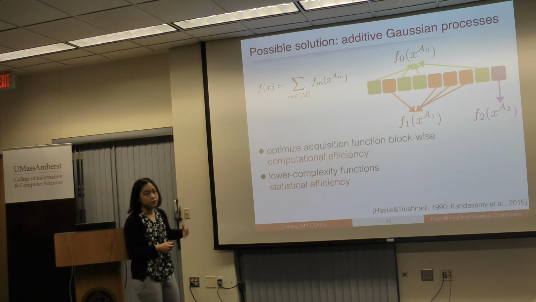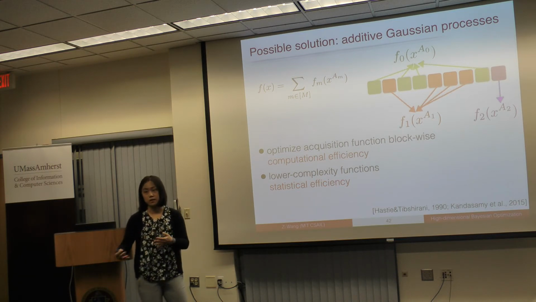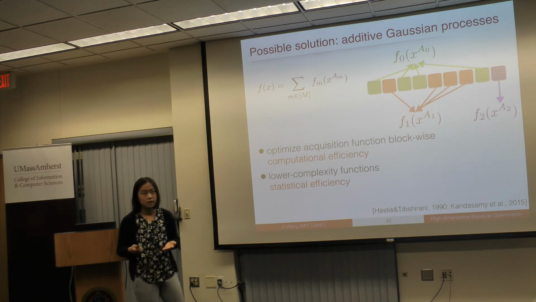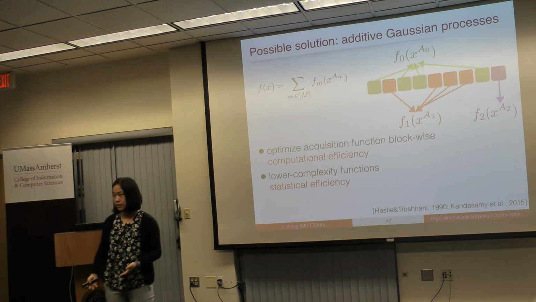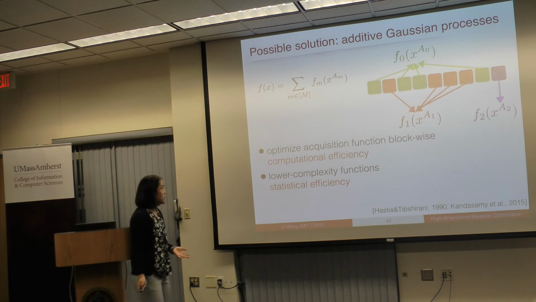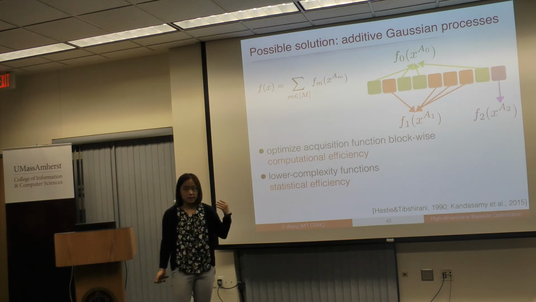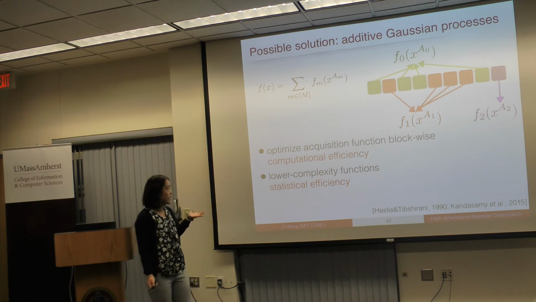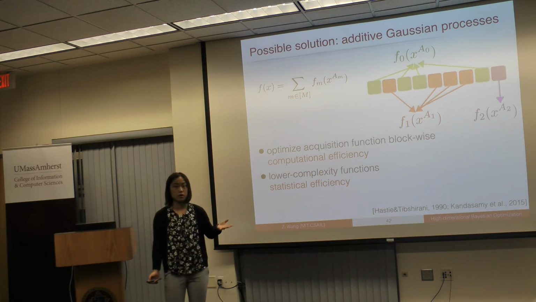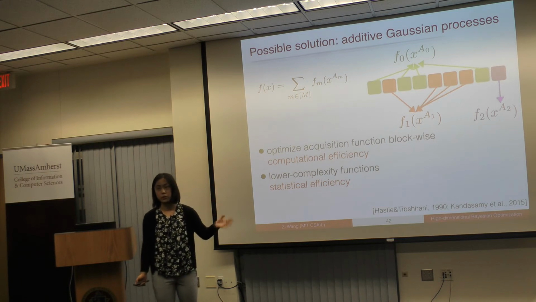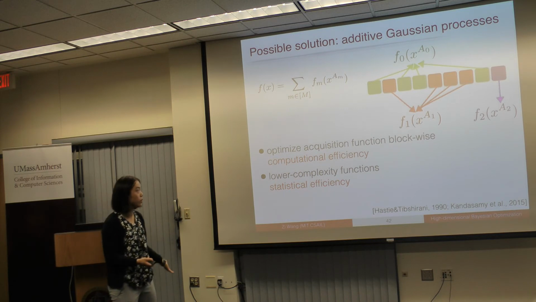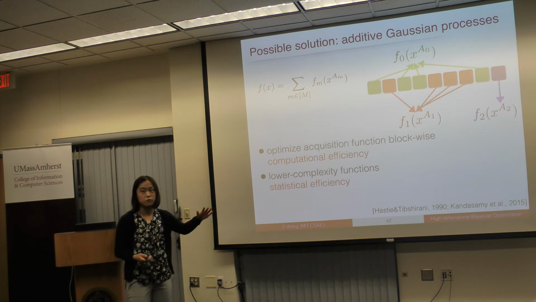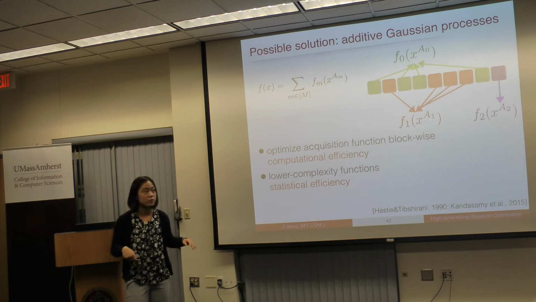Each of these functions can be modeled by a low-dimensional Gaussian process, and the sum of these Gaussian processes is also a Gaussian process. In this case, we can optimize our acquisition function in a block-wise way, and we also get lower complexity functions, so we don't need that many data points to recover these function components. That overcomes both of the challenges I mentioned before.